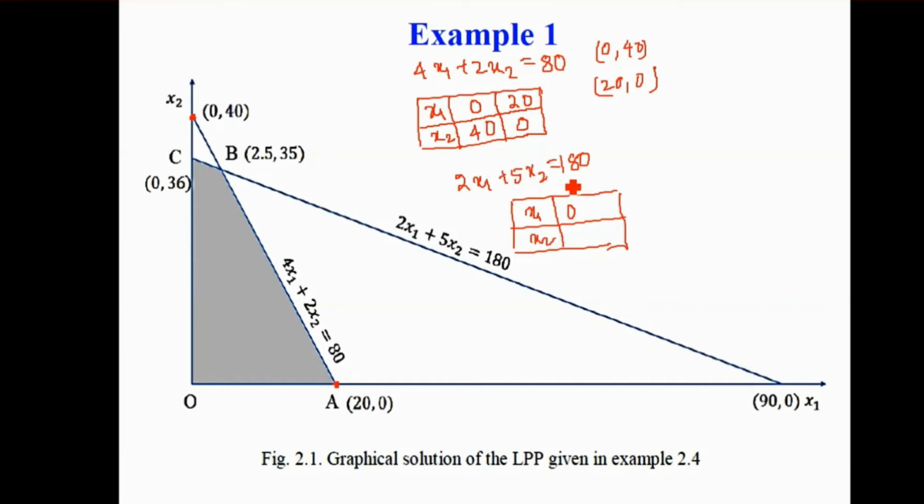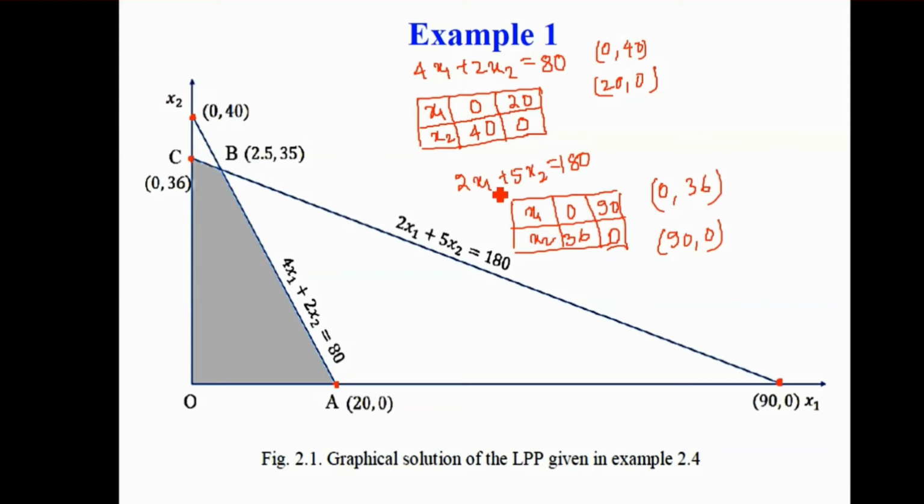Then 5x2 equal to 180, which means x2 is 36. Second, if I take x2 as 0, then what is x1? x1 is nothing but 180 by 2, that is 90. So we get 2 points: one is 0, 36, and another is 90, 0. So 90, 0 is this and 0, 36 is this.